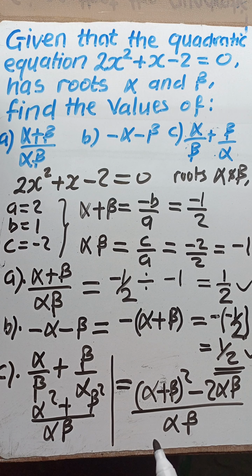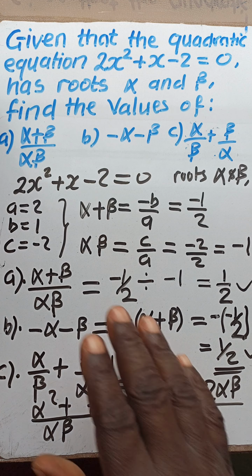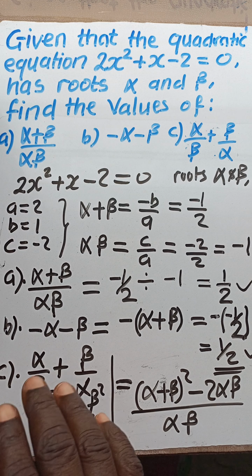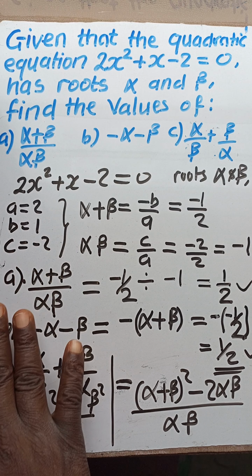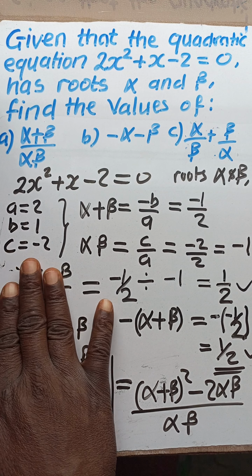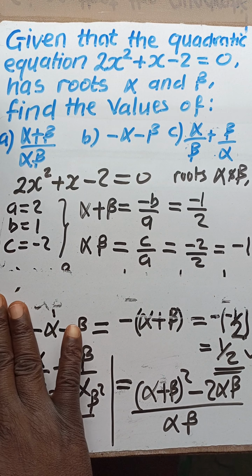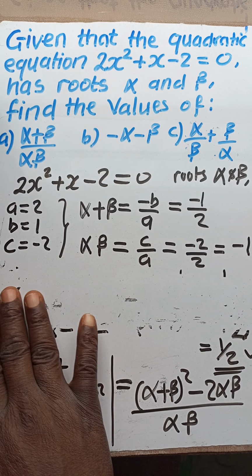So here we have succeeded to transform this expression into expressions involving the sum of roots and product of roots. Okay, so to continue our evaluation, we take off the stuff off here.